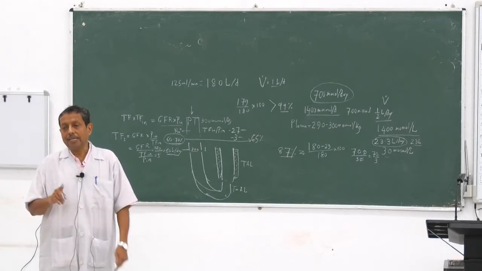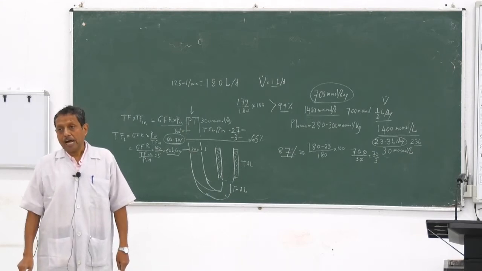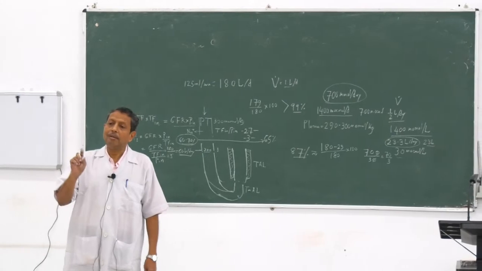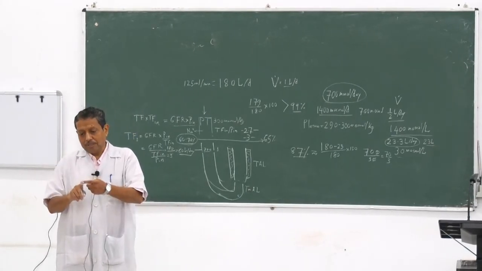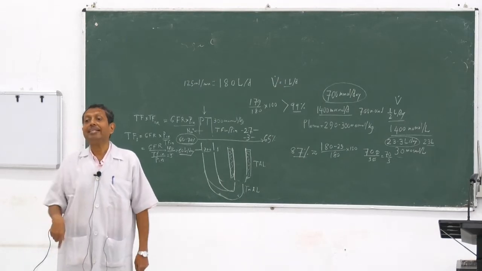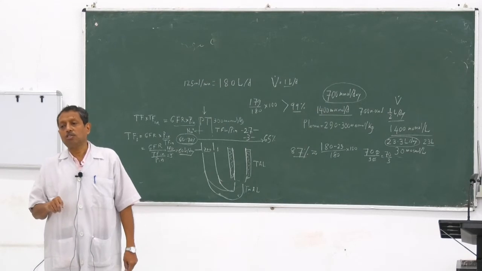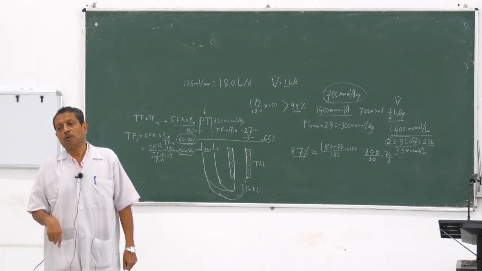In the medulla there is an interstitial osmotic gradient. Up to the cortical level it is the same as that of plasma or extracellular fluid, but from that junction, from outer medulla and inner medulla, there is some gradient, an increase in the concentration of the osmotically active particles, and there is increase in the osmolarity.